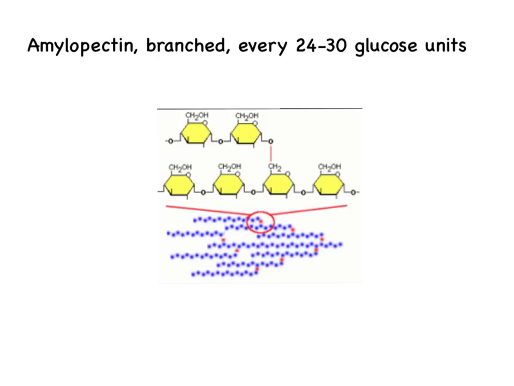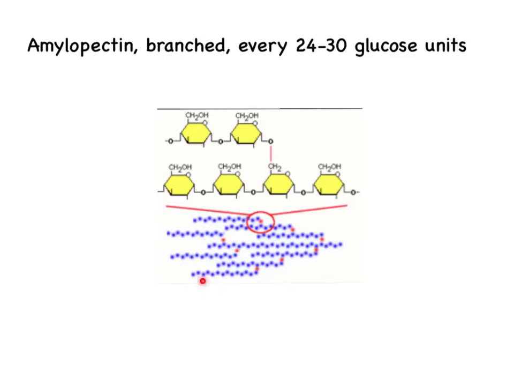Amylopectin, which is the other molecule in starch, is a branched chain. And so what you have is your main chain here, which is bonded by alpha 1,4 links, and then you will have an alpha 1,6 link here, which will attach a branch.